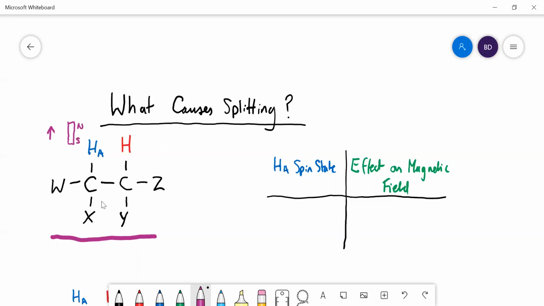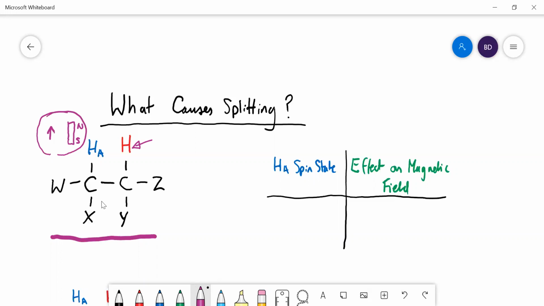That is going to add on to the external field. The field experienced by this proton is going to be a little bit stronger than the external field. It's going to have that much added onto it.